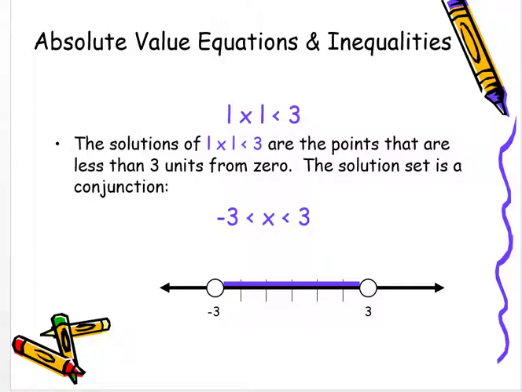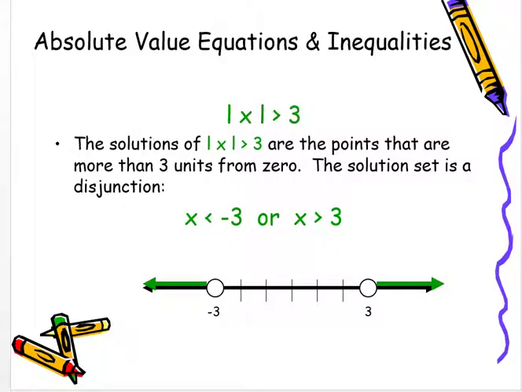So we have less than or equal to inequalities, and then we also have greater than or equal to inequalities. We're saying that the absolute value of x is greater than 3, which means we're looking for all the points that are more than 3 units from 0.